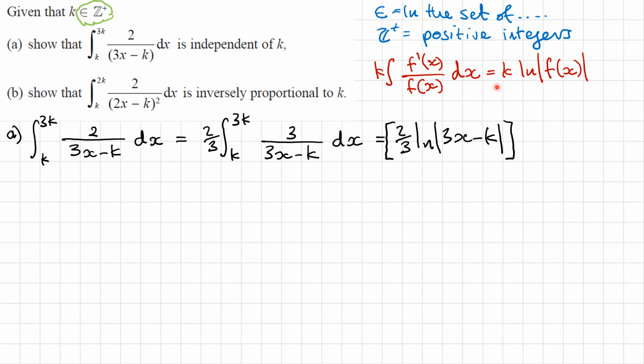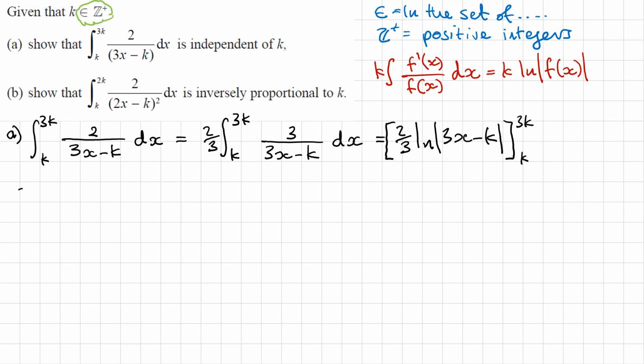But this method will always work if you make the adjustment before. You can make the adjustment afterwards, but I just find this way a little bit quicker if you're confident. If you're not too confident, just do the method where you try log of 3x minus k. You'll notice the numbers are not quite right, so you'll need to introduce a 2/3 to make it all balance.